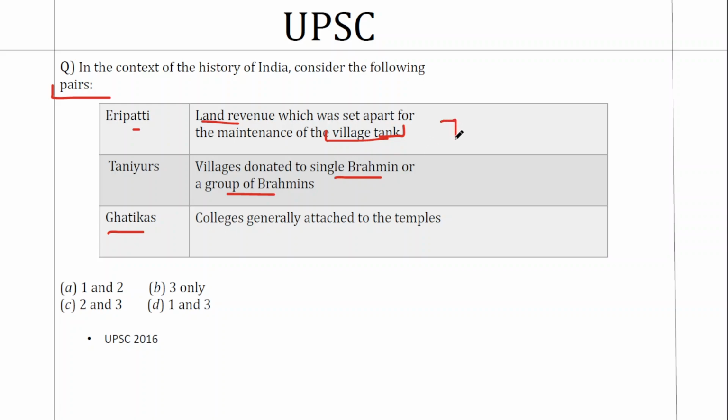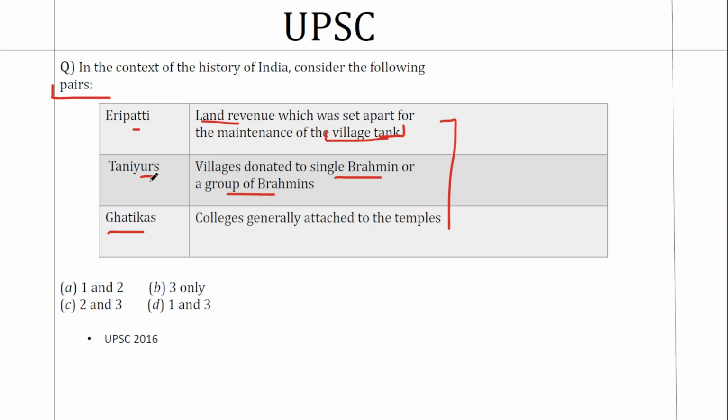Now, what can we decipher from these terms without going into the content part? These three are fact-based questions. Without knowing the clear fact, it's difficult to arrive at a conclusion, but let's see if we can get something out of it. If you look at the second term, tani ur, it has a term called ur. Ur is a very familiar term when we study Sangam literature. Ur means village.